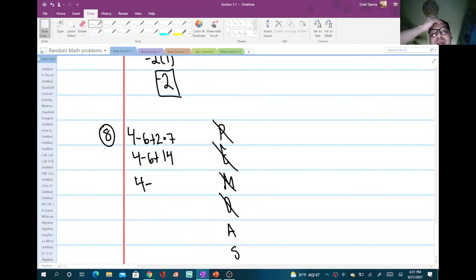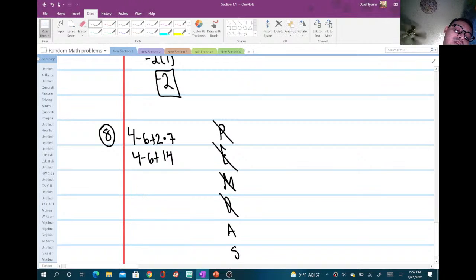So actually, in reality, you can do it from left to right. Now, if you know your algebra really well, you can state the following. You can use what is called distributive property. Or you can factor, actually. You can use what is called factoring.